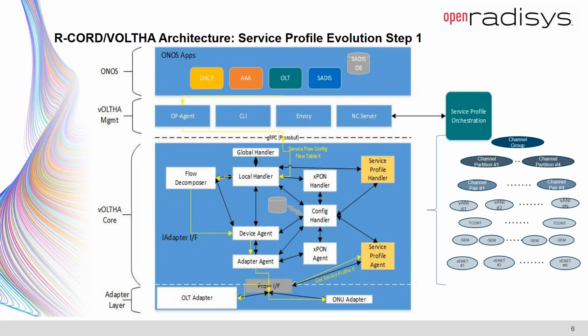We still use that for the TCON, ALLOC ID and GEM port ID allocations that get passed down to both OLT and the ONU, along with the OpenFlow configuration. The OpenFlow config references the service profile.